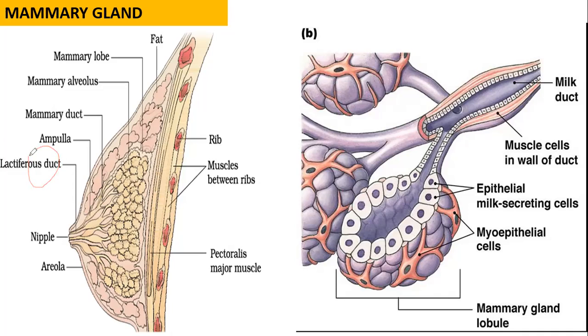So in this way, these are the various components of the female reproductive part. Once again, you can go through these various diagrams. This is the mammary gland. There is one pair of mammary glands, made up of fat and different glandular tissues.